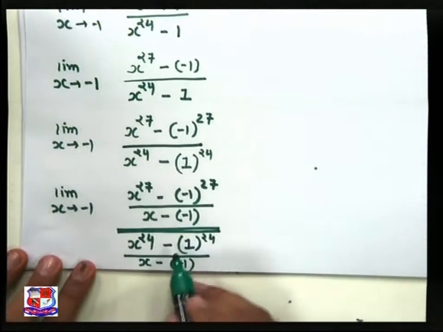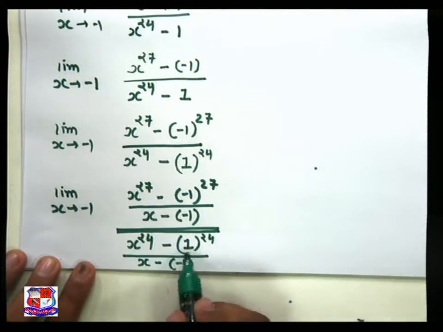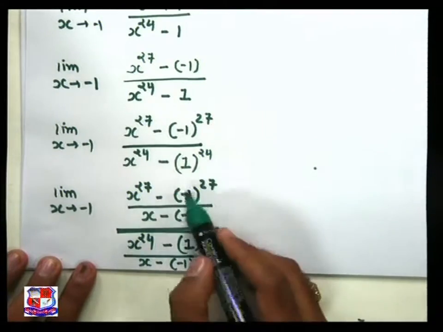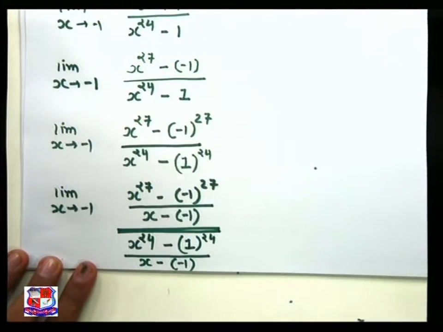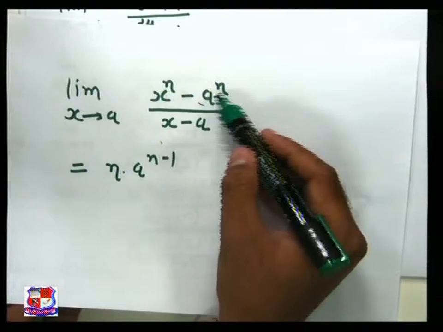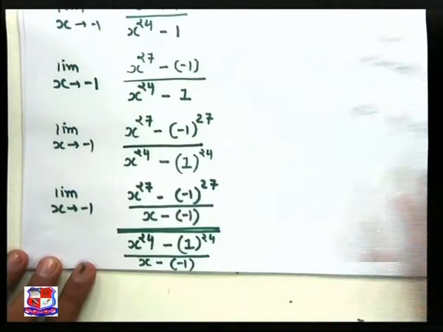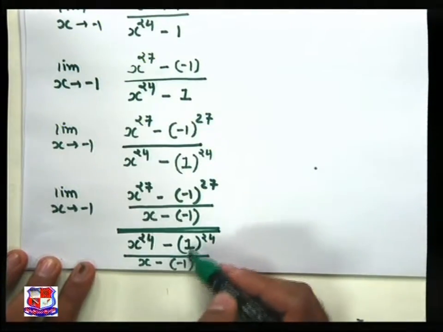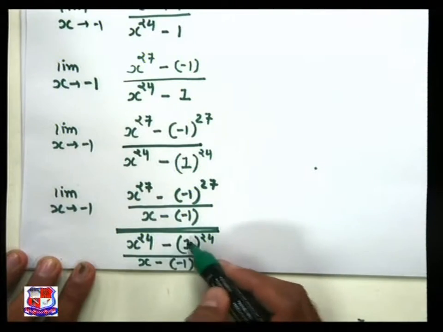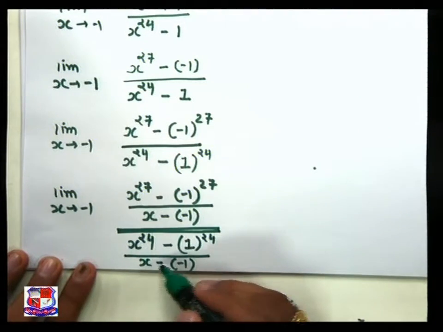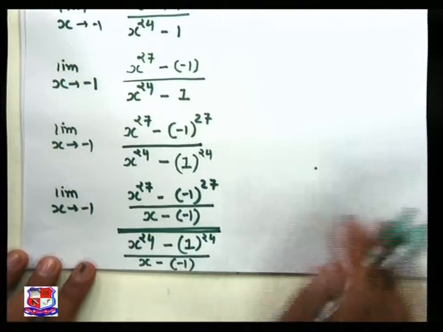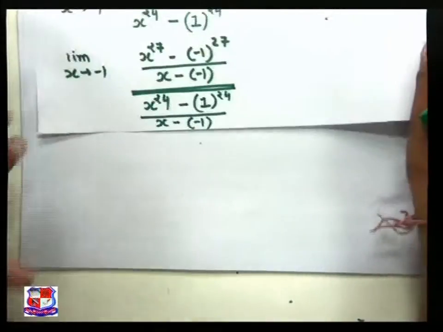But look here, it is minus 1 but here 1. We require the same value. Look at our sum: same a, but here the change, 1 and minus 1. So again we want to convert the denominator to the same x minus 1 form. So again we can write and simplify more.